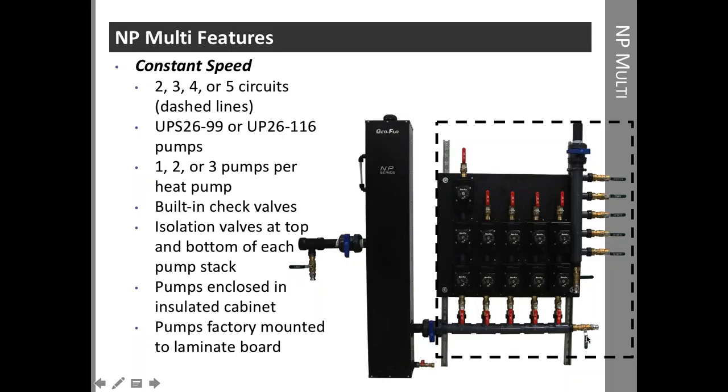Same thing with variable speed. The cam fittings for your flush cart hoses are right here on the end of this header, the return header, and also on the other side of the tank, on the left side of the tank. So this still makes for a very quick and easy installation, but it does use pumps instead of variable speed with zone valves.